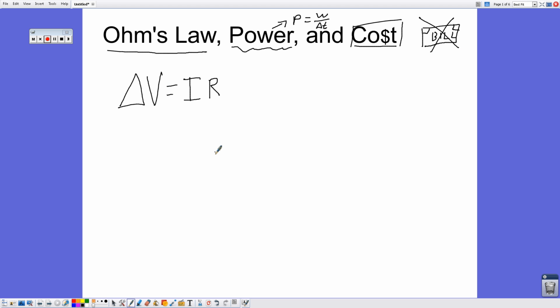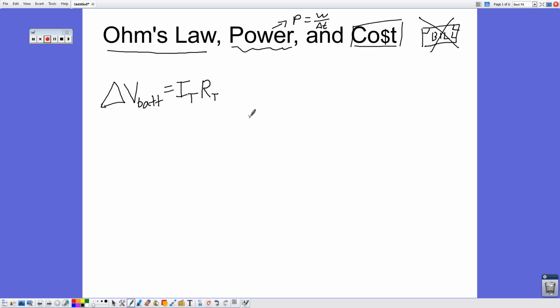Let's talk about Ohm's law. Ohm's law states that if you know the voltage of something, say the battery, and you know the current in that something, so that'd be the total current coming out of the battery, and you know the resistance of the something, so this would be the total resistance, then those three numbers are related together.